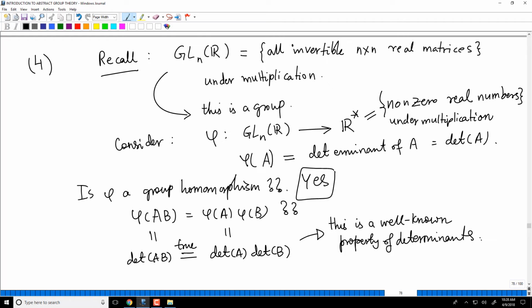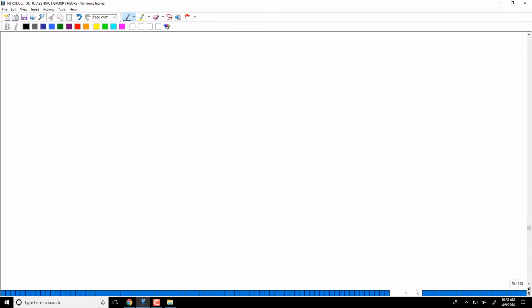So because of this, phi is a group homomorphism. This is an important example of a group homomorphism.